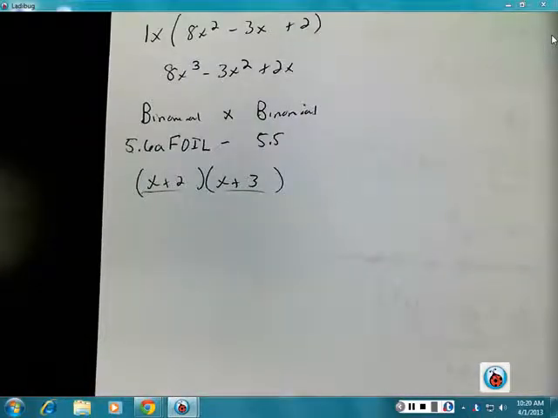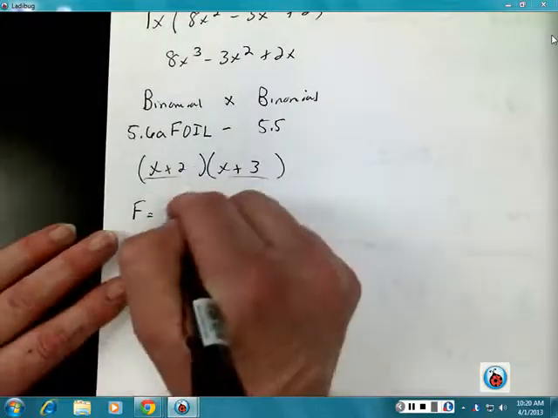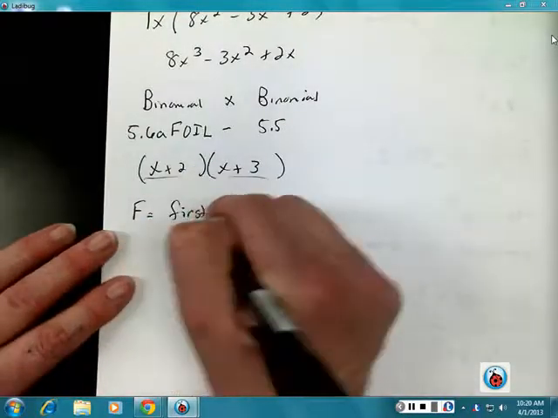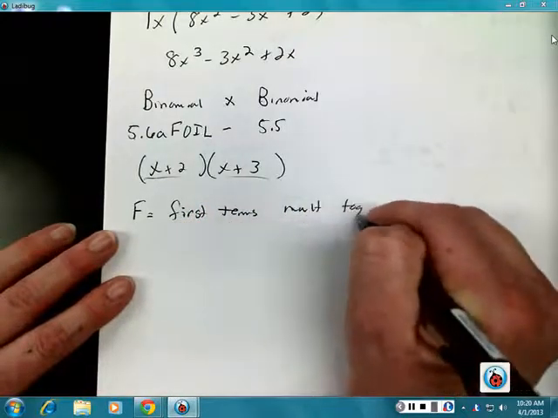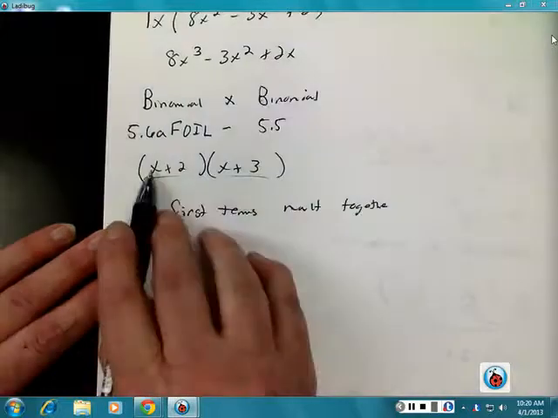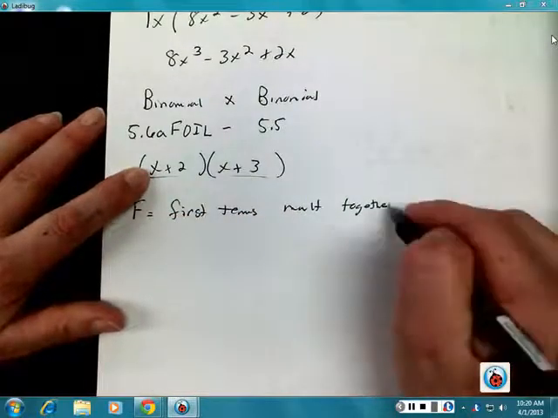Now what does FOIL mean? Have I heard FOIL before? Yes, from high school, maybe? First, outer, inner, last. The F from FOIL means the first terms multiplied together. So if I take the first terms, x times x, what does that give me? x squared.